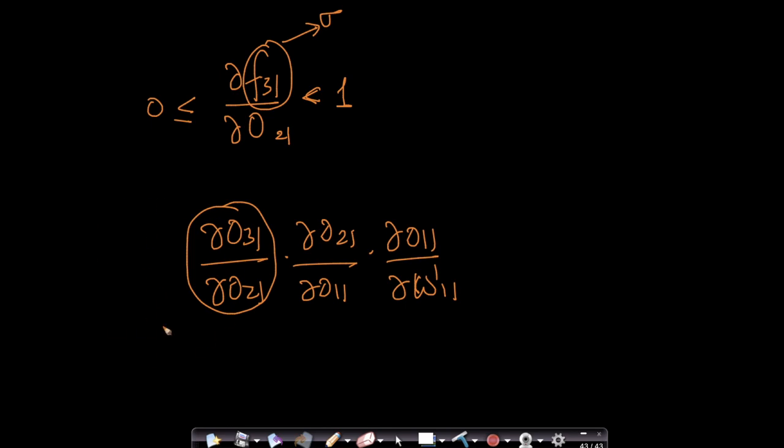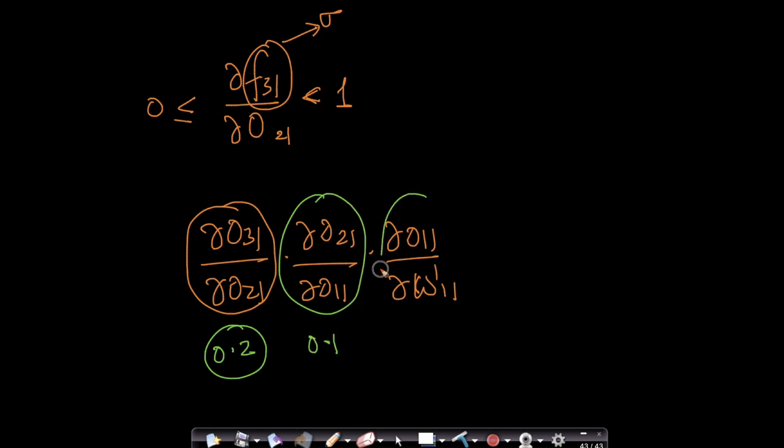So let's assume this value is 0.2. This value, let's say, is 0.1. This value, let's say, is 0.05. And you're multiplying all of them. When you multiply these three numbers, what do you get? You get 4 decimals, a very tiny value.